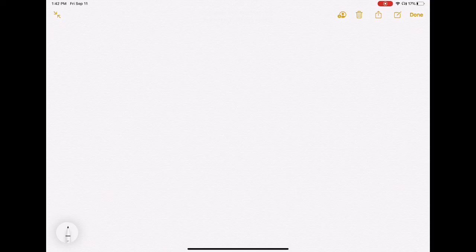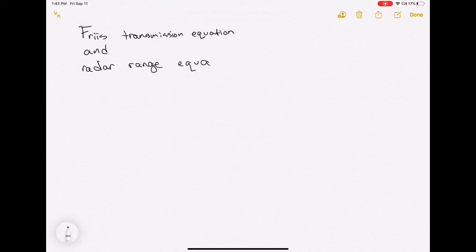In this video, we're going to talk about the Friis transmission equation and the radar range equation. These are both two versions of pretty much the same thing, and it's just a measure of if I transmit this much power with this antenna and I receive with this antenna, how much power will I get at the receiver?